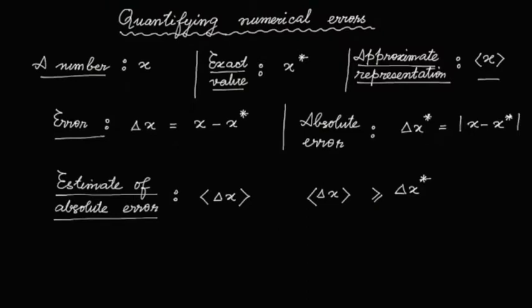So in terms of the estimates, x star should lie between your estimate of x plus estimate of delta x and estimate of x minus estimate of delta x.